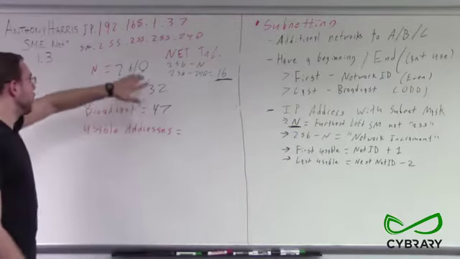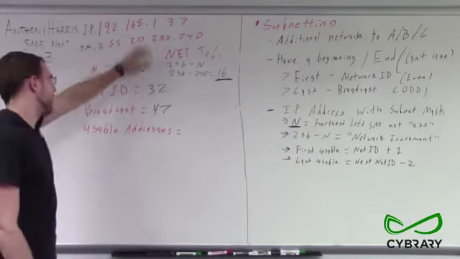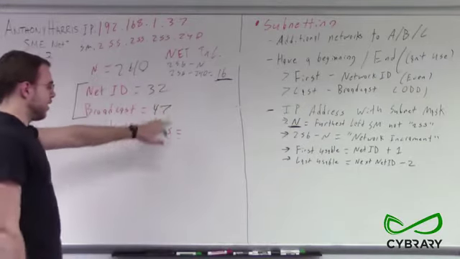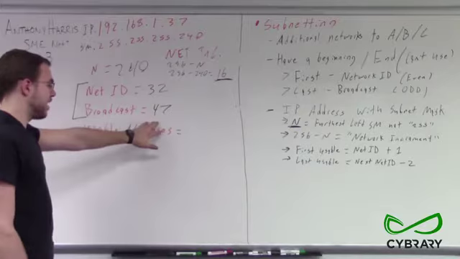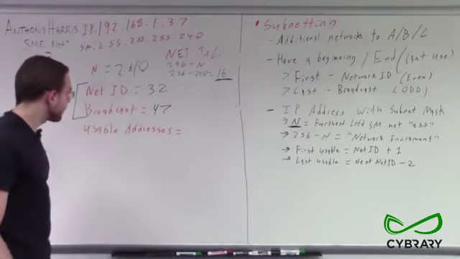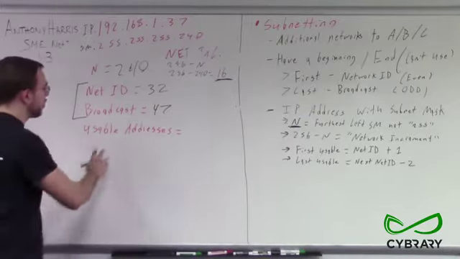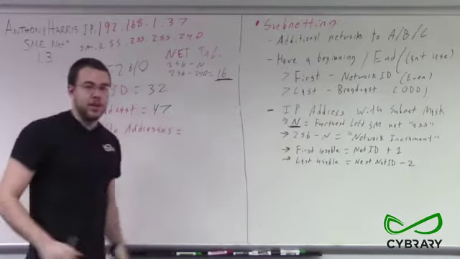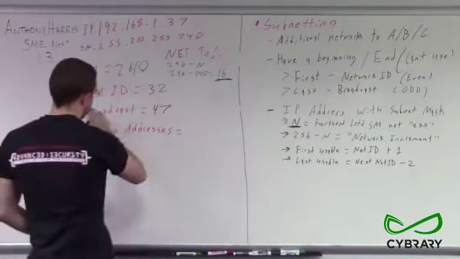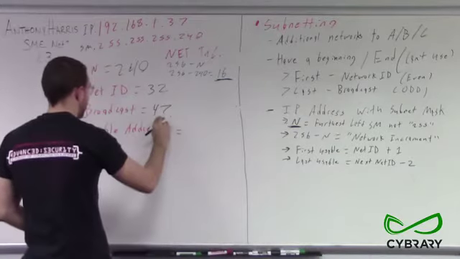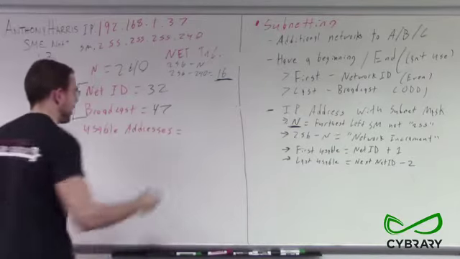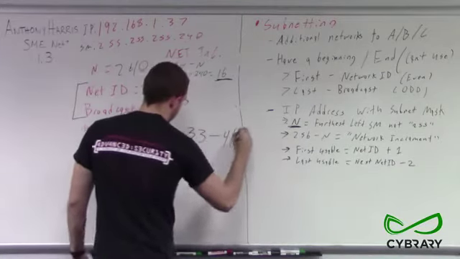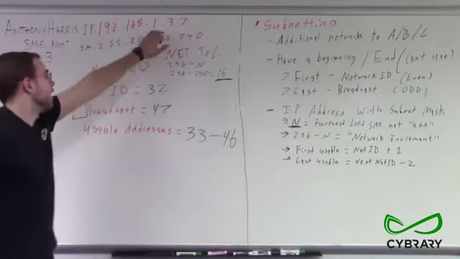That means that for the subnet that this IP address is in, its net ID is 32, its broadcast ID is 47, and that leaves us with usable addresses of 33 through 46, because our address can't be our network ID and our address can't be our broadcast ID. So that fits right in there.